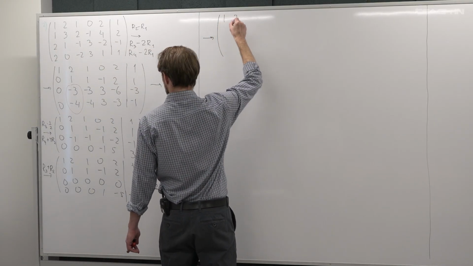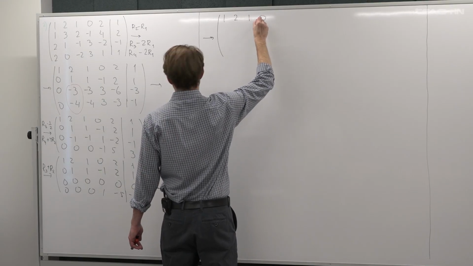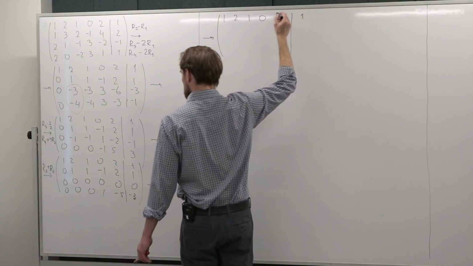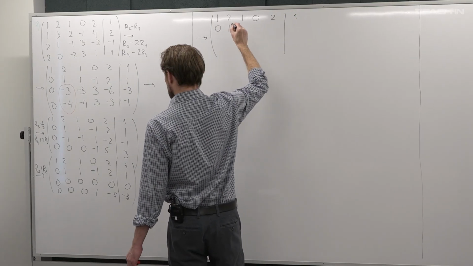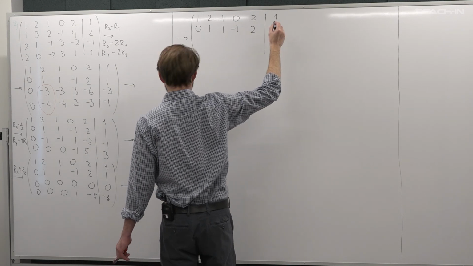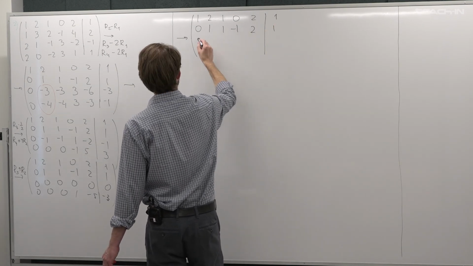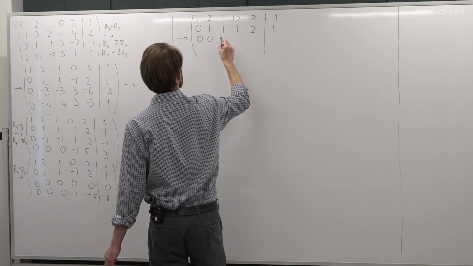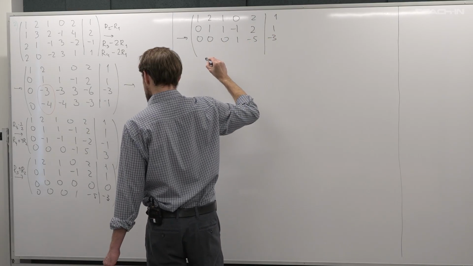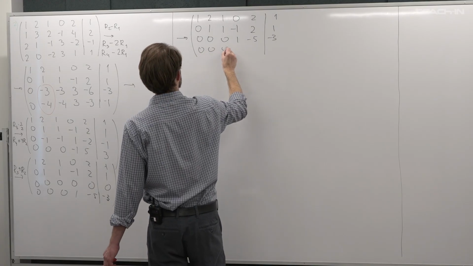So 1, 2, 1, 0, 2, 1, 0, 1, 1, minus 1, 2, 1, then 0, 0, 0, 1, minus 5, minus 3, and then the row of zeros.